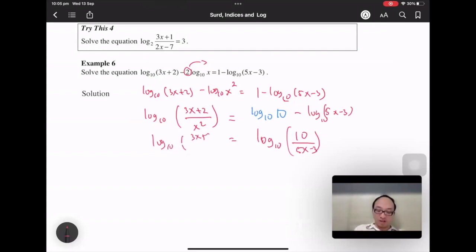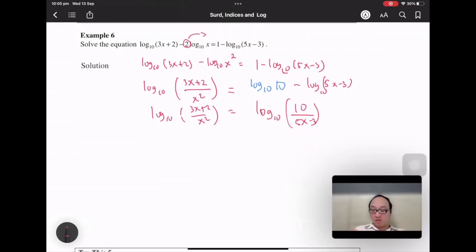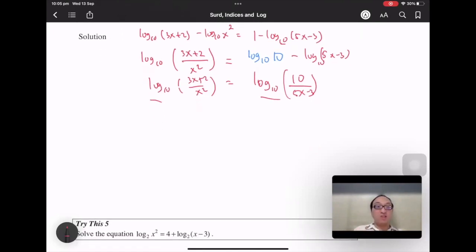So this is still the same. And now, because the log 10 of this equals the log 10 of this, we can remove the log 10. So equalize the terms inside the log. So we cross multiply: 3x plus 2 times 5x minus 3 equals 10x squared.